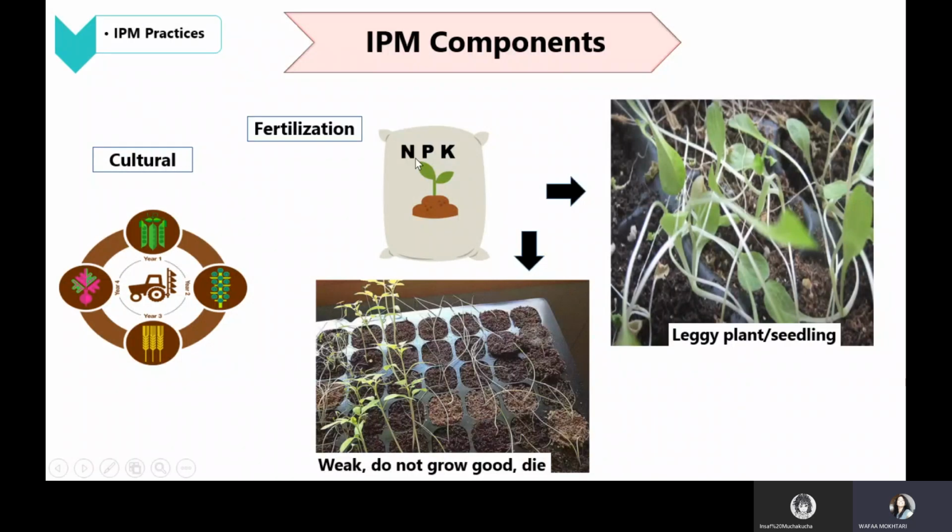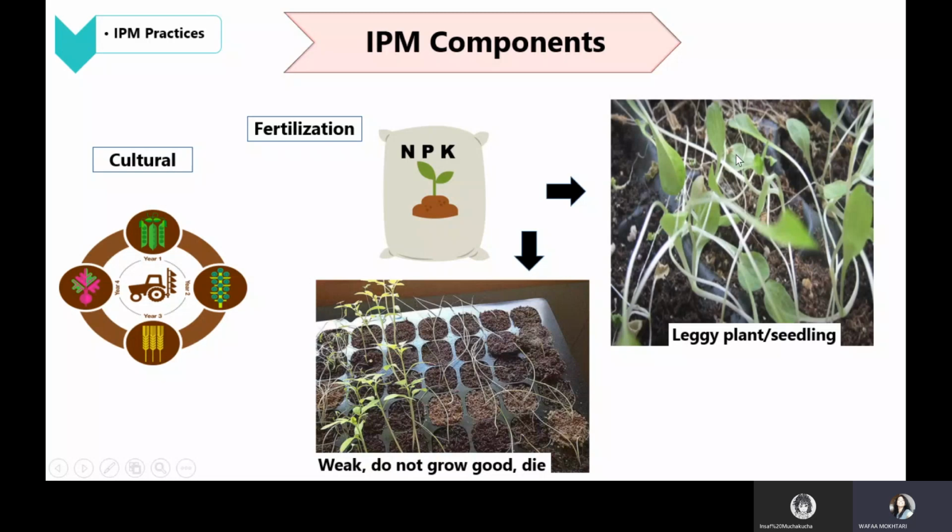However, if you do not put enough, which means maybe more nitrogen and less phosphorus content, this may lead to something that you don't want in your culture, for example, a tall stem in the seedling, called a leggy plant or seedling.